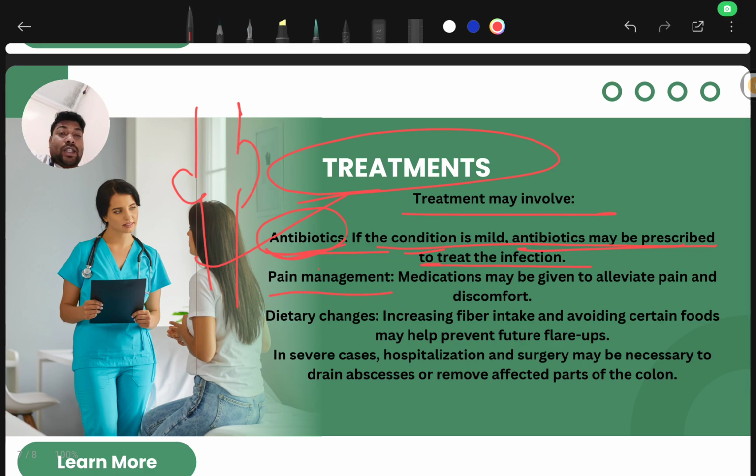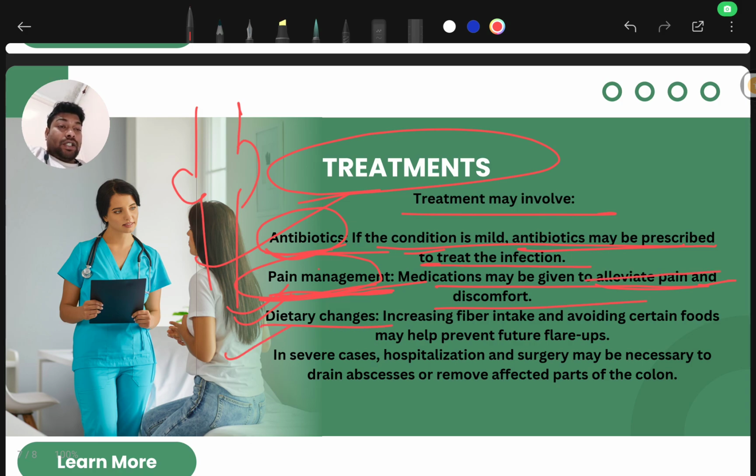Then as the abdominal pains are there, for which we have to manage the pain, okay, medications may be given to reduce pain and discomfort, okay.